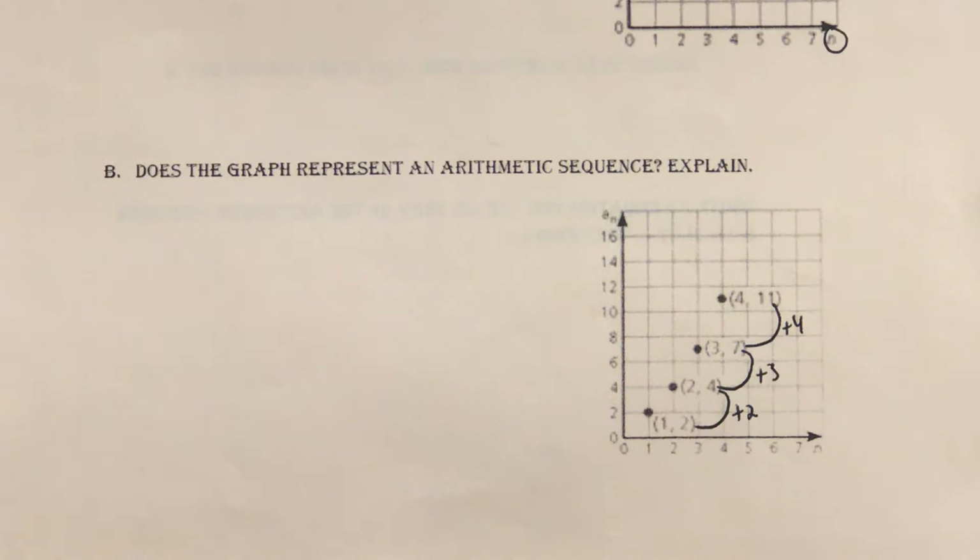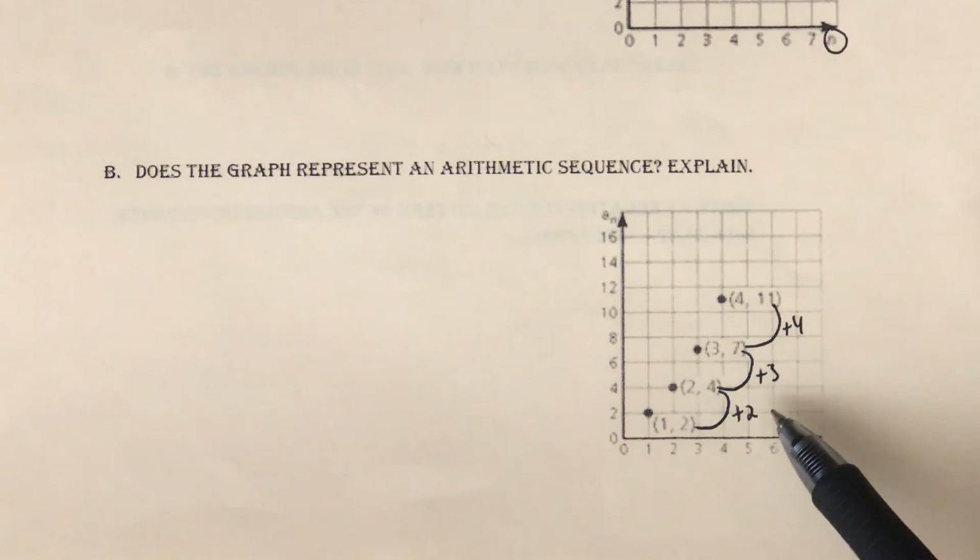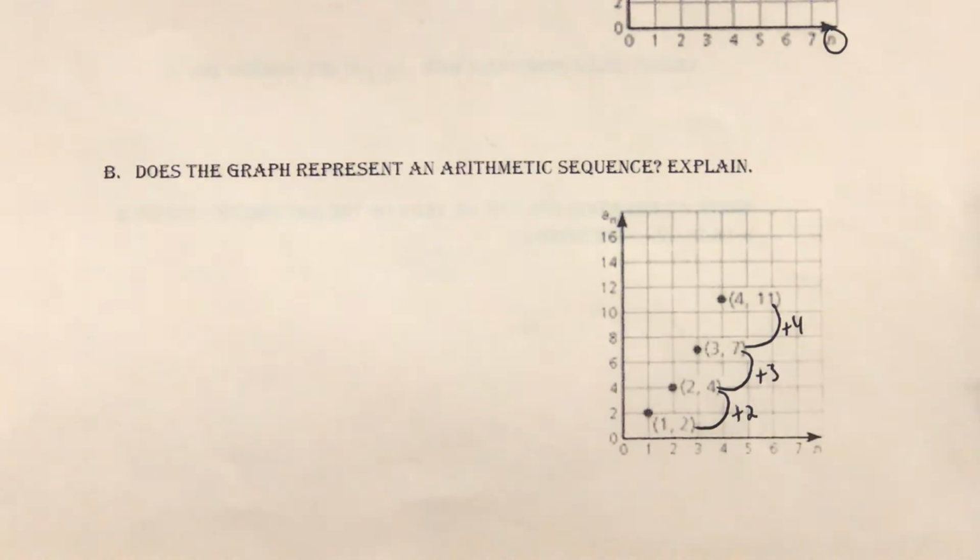So does this represent an arithmetic sequence, is what we need to figure out. Well, remember, arithmetic sequences always change by a common difference. It's always going to be the same. So as we talked about in chapter 3, it has a constant rate of change. Well, it's constantly increasing, so there's a sequencing going on, but it's not a common difference.